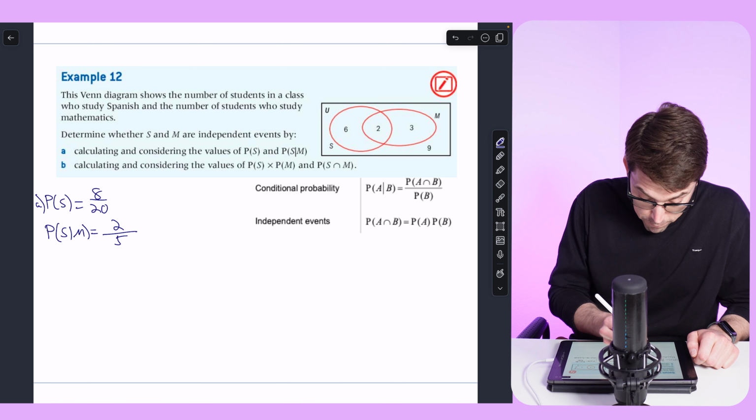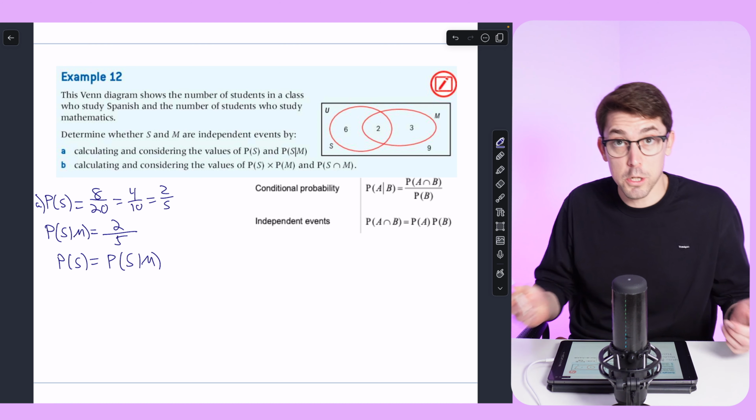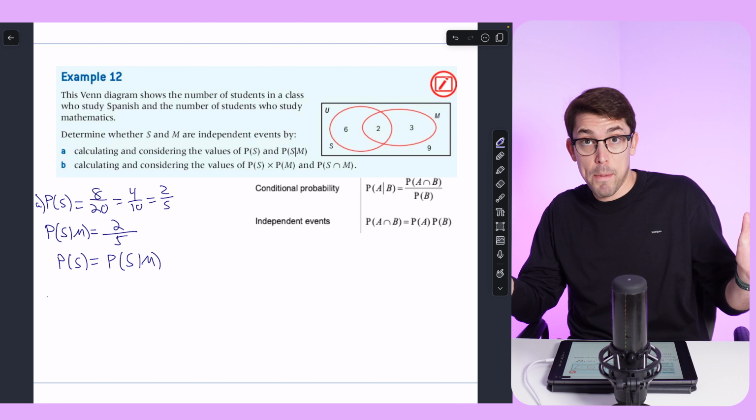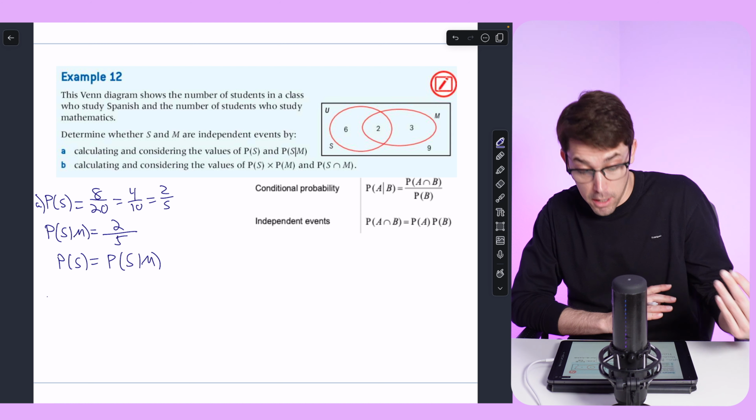That's 2 over 5. If I simplify 8 over 20, that would be 4 over 10, and that is 2 over 5. So the probability of S does equal the probability of S given M, because they're both 2/5. They are indeed independent, because the probability of one happening is not affected by the other.